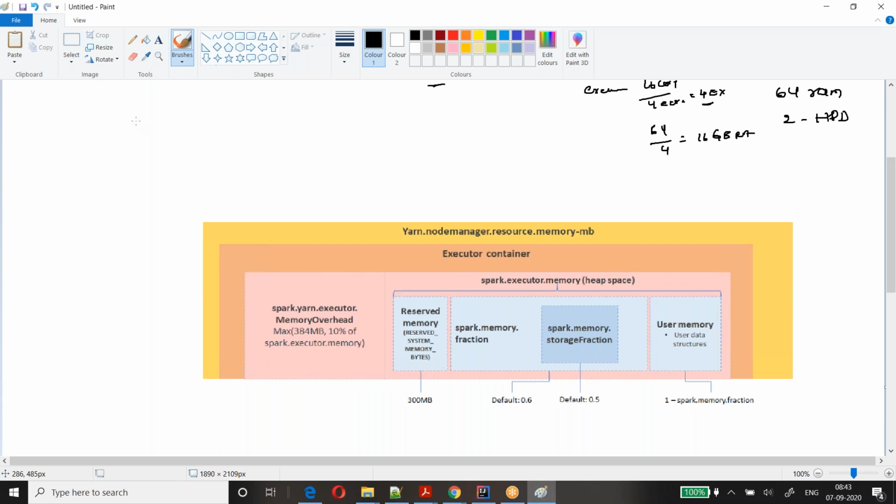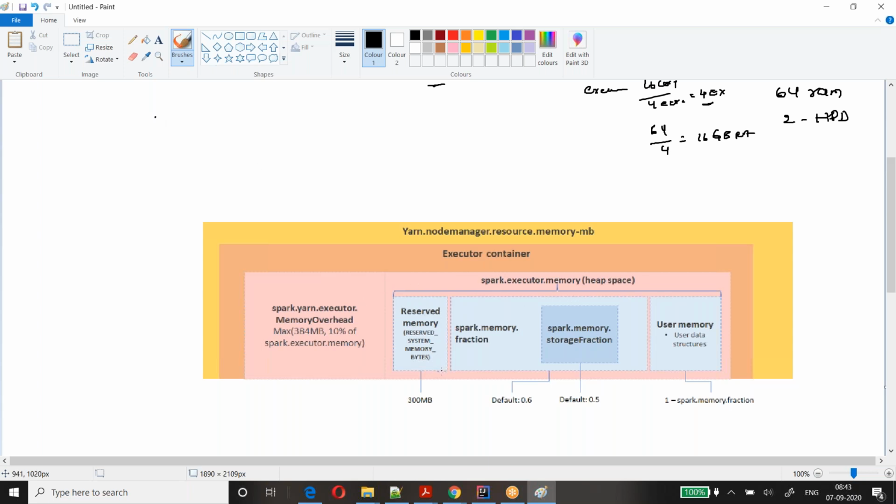If you look here, what are the parameters we normally set for the Spark job? These are the things: YARN node manager resource memory MB, executor container. You see below the yellow, I think this color, you have the Spark heap space.